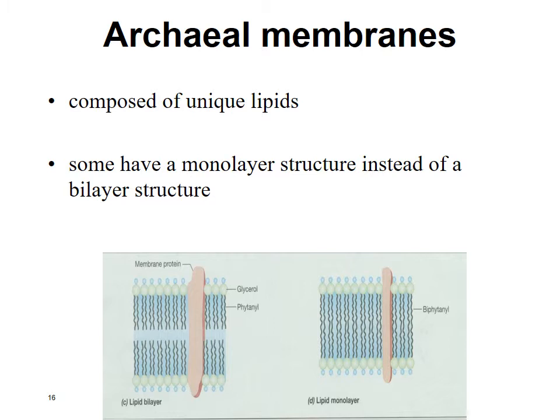And as you might expect from their need for stability, the membranes of extreme archaeans such as thermoplasma that grows at over 85 degrees Celsius are almost complete monolayers, such as that pictured to the right side of screen. And you can contrast that to the typical bilayer structure, which you can see to the left of screen.